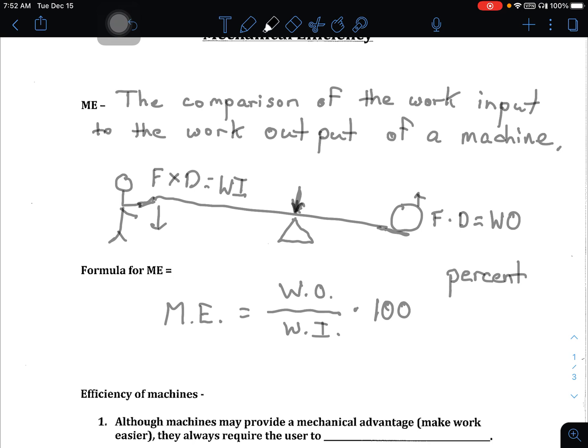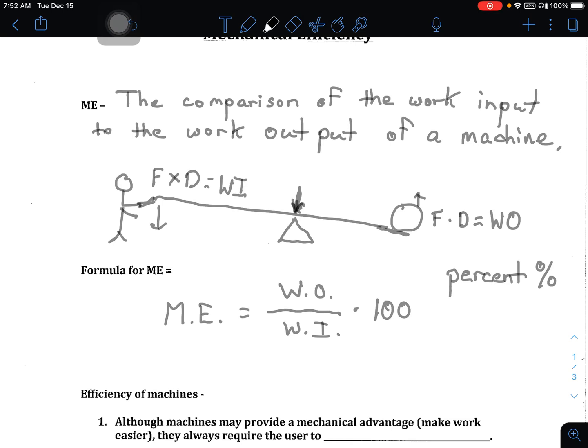Which is an expression related to 100. So if I have a 75% efficient machine, that means 75 hundredths of what I put in, I get out, more or less. I'm sure you guys have worked with percents a bit in math class, so you should be somewhat familiar with those.